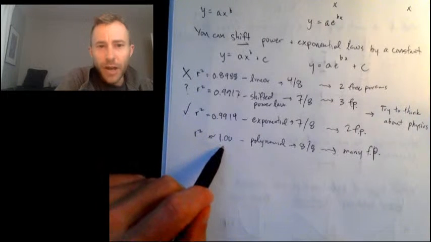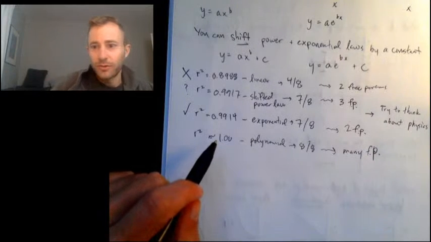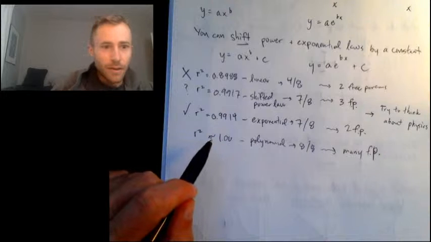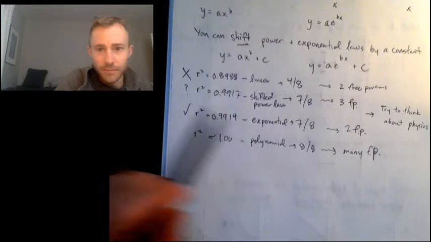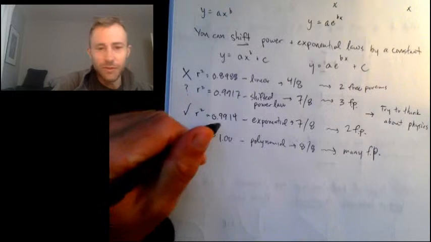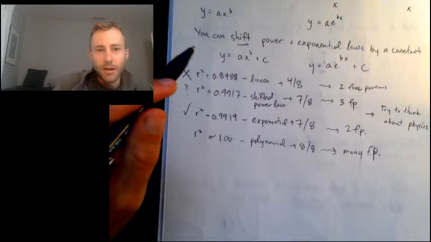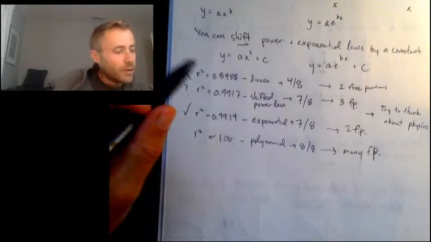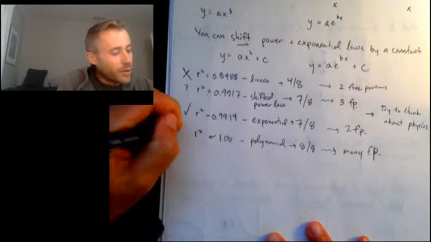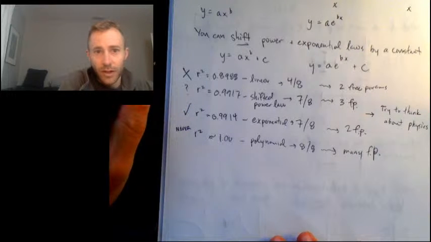Now, the best R squared of all, before everything froze, was the polynomial model. That went through 8 out of 8 error bars, had an R squared that was even higher than this one. It was basically 1. But here's the thing. You never want to use polynomial models for your data.